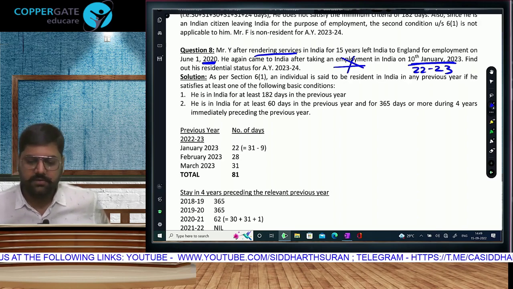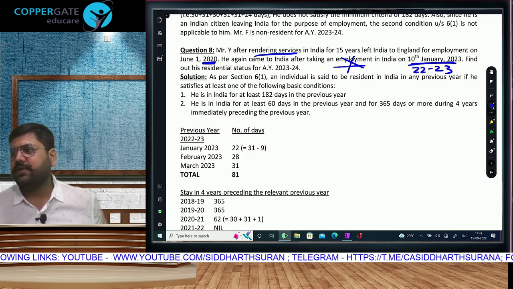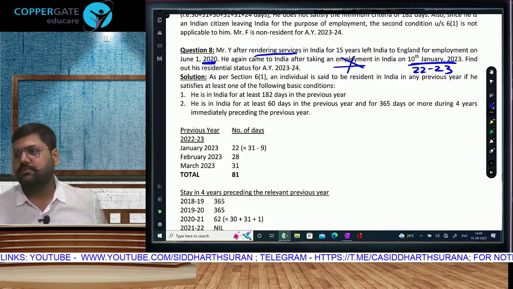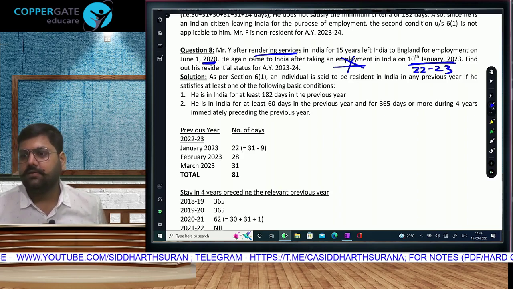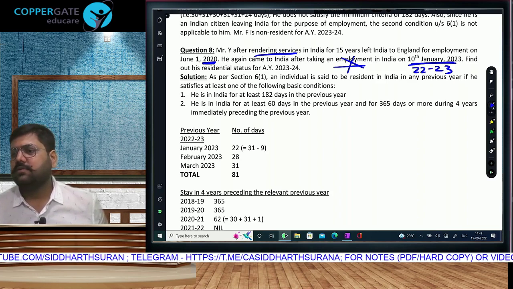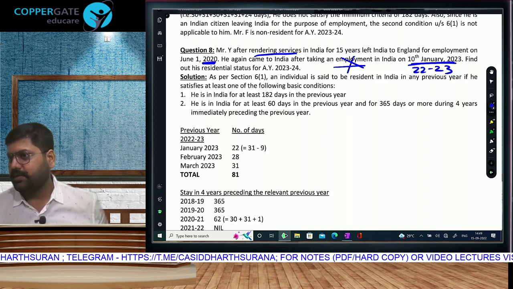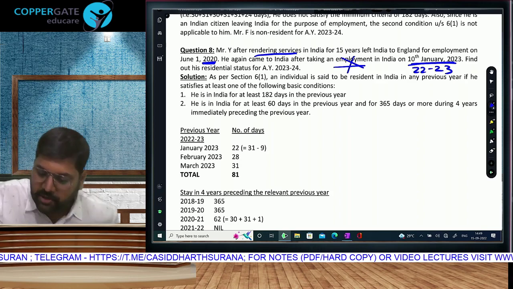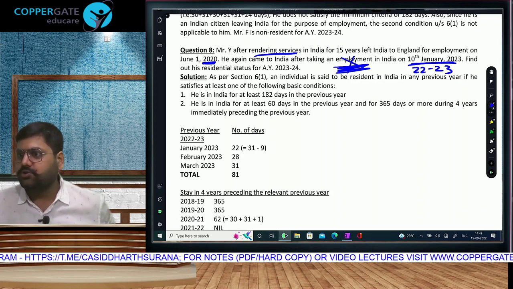Or nothing is given. Okay. If he was a PIO and coming for a visit, so what's your conclusion with that? What will happen with that exception? It means what? 63, 65 not applicable. But because he is coming for the purpose of employment, that rule is not applicable.